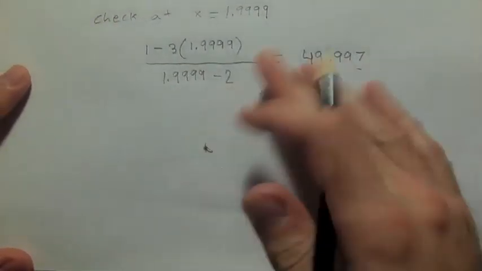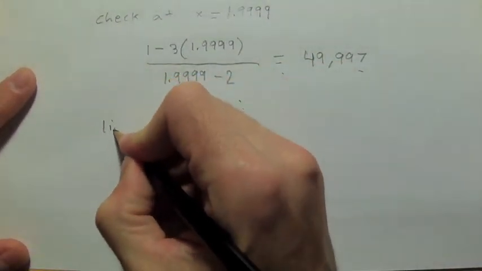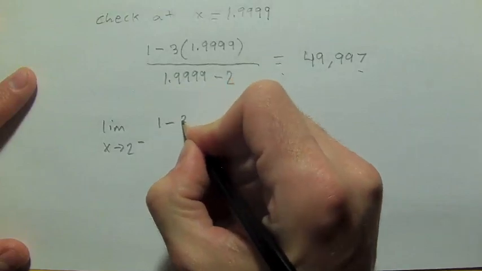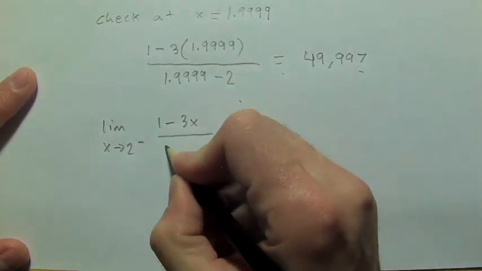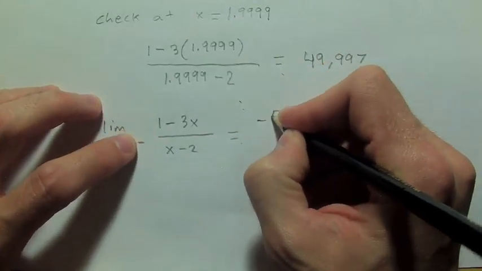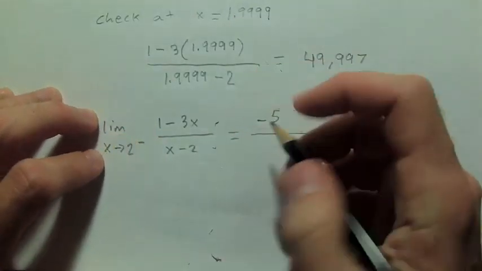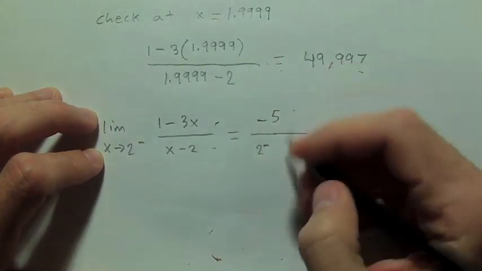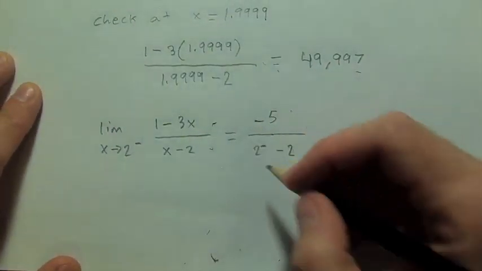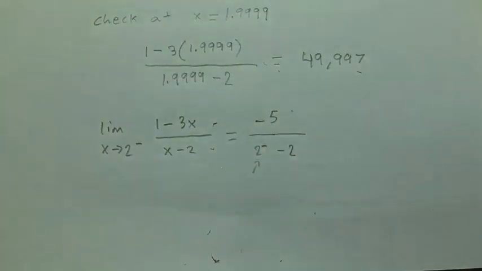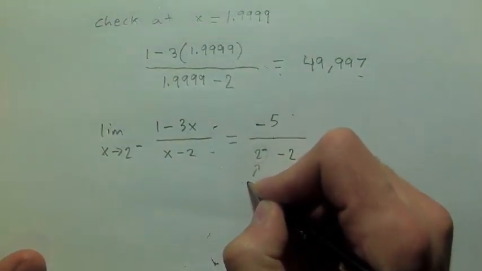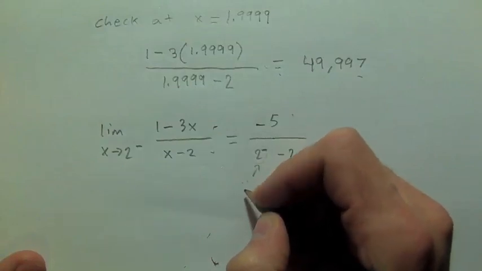Okay. The other option is with just using our logic. The numerator is just going to go to negative 5, whereas the denominator is 2 negative minus 2. And this guy, no matter what x we choose, is basically less than 2.